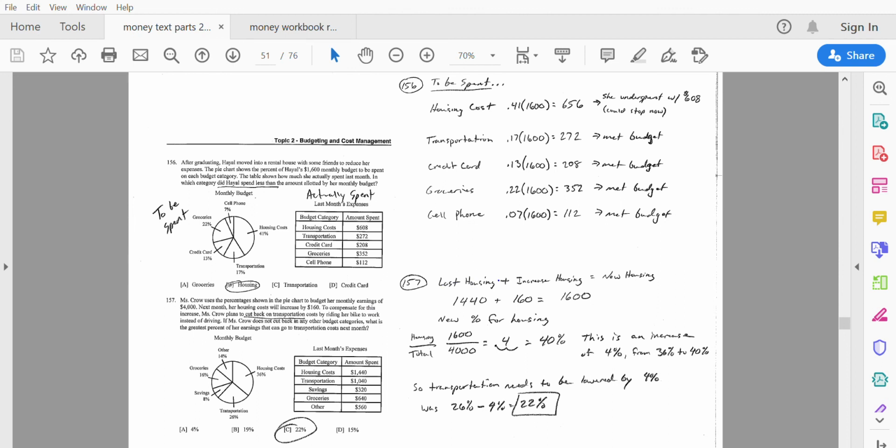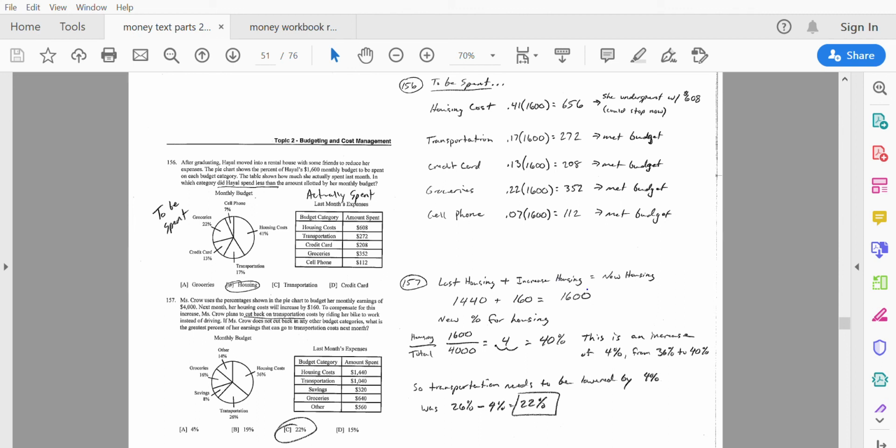I divide that, I get 0.4, move it twice. So she is going to be budgeting 40% for housing costs. Now, what I also did here is shown that this was an increase of 4% because she used to have a 36% budget.